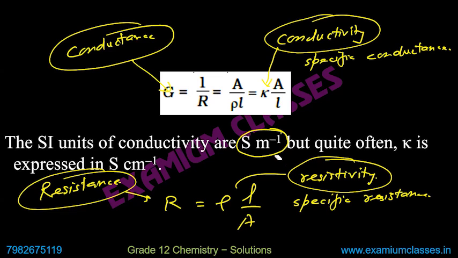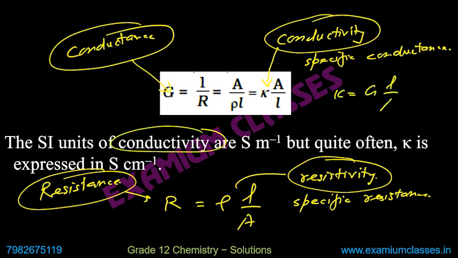So from here, if you see the units of conductivity, that is kappa, kappa will be equal to G L by A. From here its units will be Siemens. L by A means meter by meter square, that is per meter.